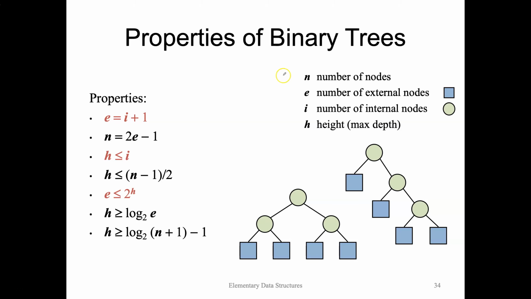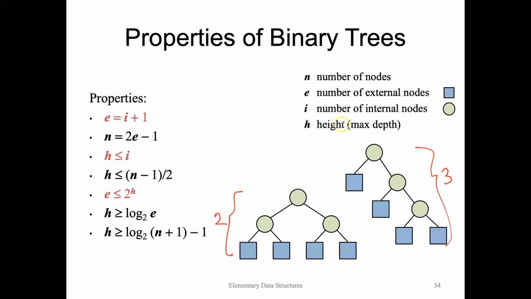So here, n is the number of nodes that we've got, e is the number of external nodes. Remember, external nodes have no children. i is the number of internal nodes. These are the ones that have at least 1 child. And h is the height of our tree, which is the maximum depth. So for example, the height of this tree is 2, and the height of this tree on the right is 3.